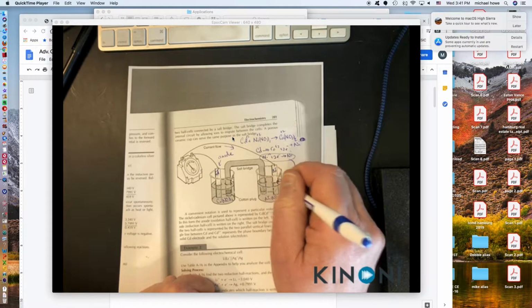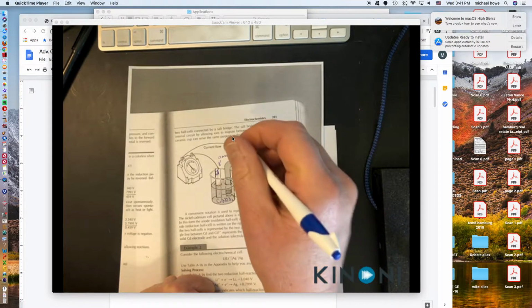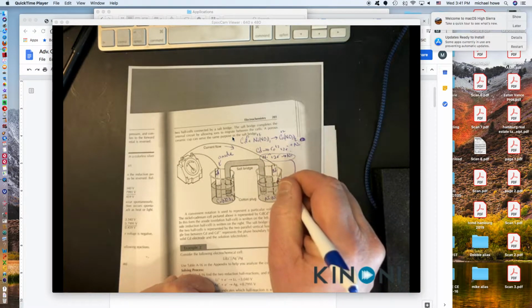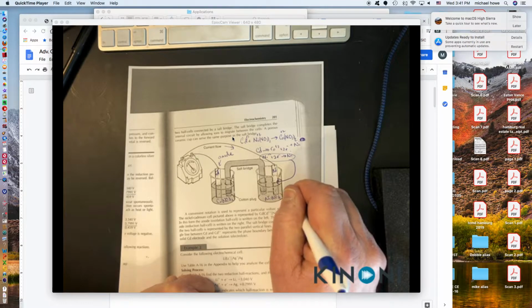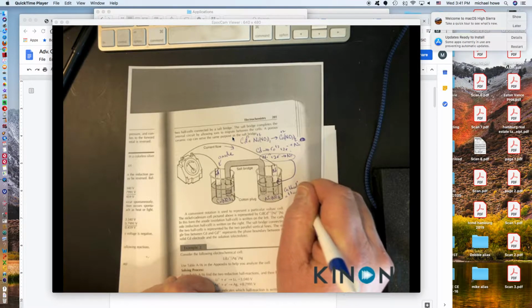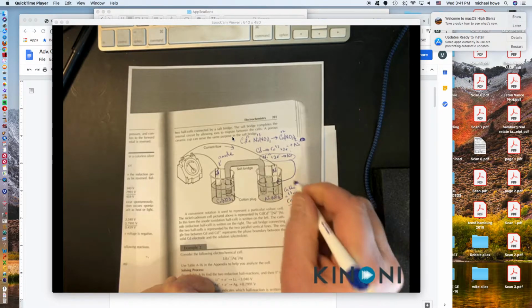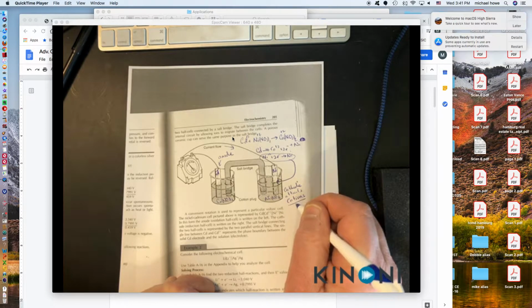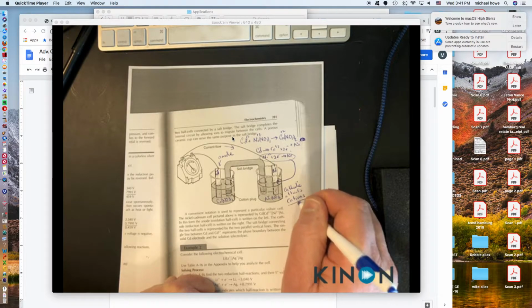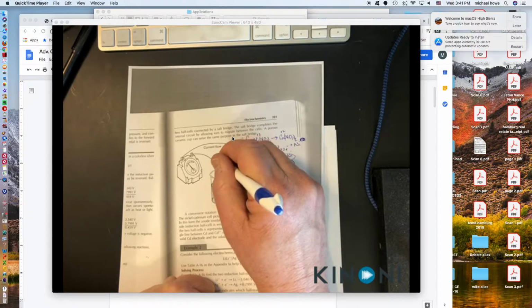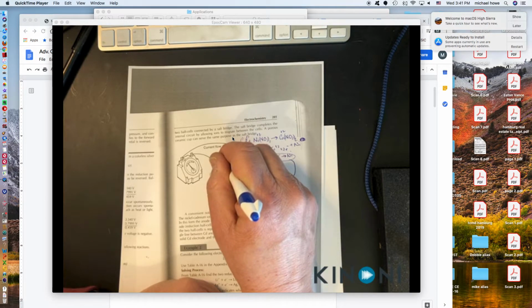The cathode will be negatively charged, the anode will be positive. So the cathode attracts cations, because the cathode's negative and cations are positive. You can always remember that cathodes attract cations and anodes attract anions. That's why it's called that.